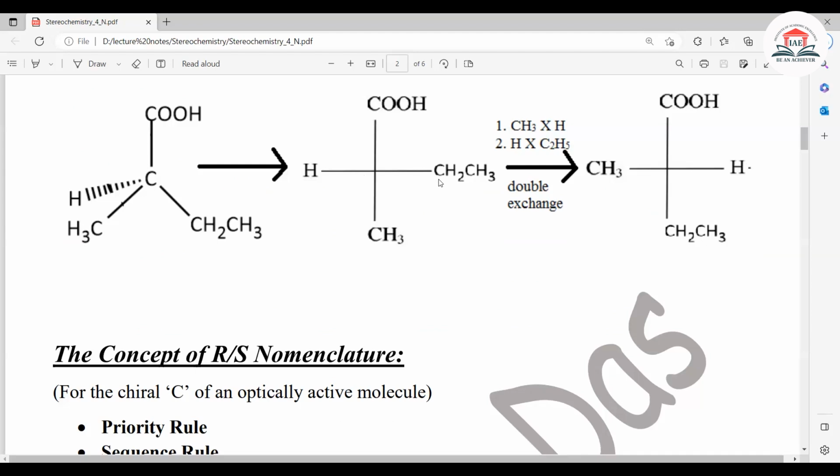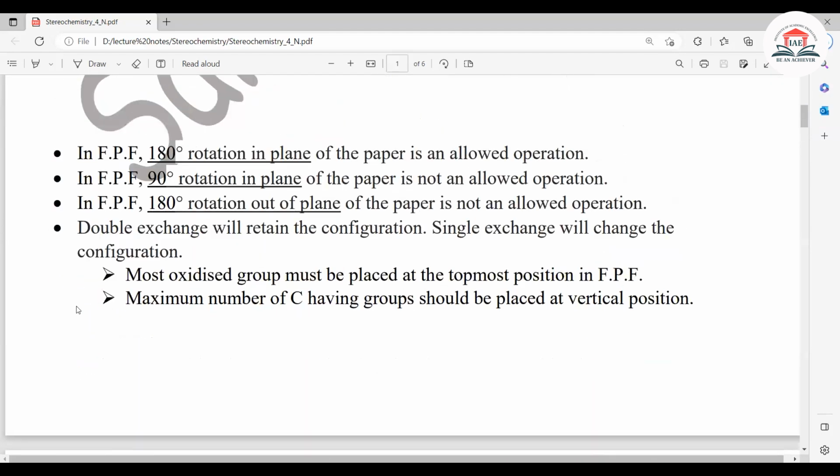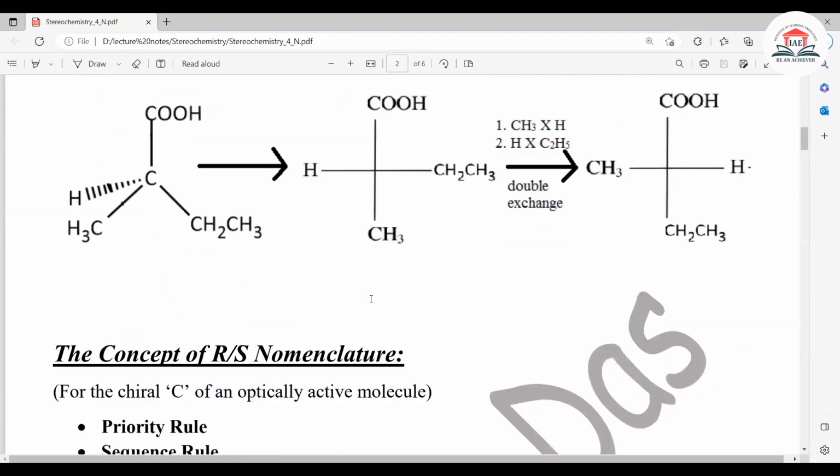Now we have to make some changes, because the rule is that the maximum number of carbon groups should be placed at the vertical position. Here CH2CH3 has 2 carbons, whereas CH3 only has 1 carbon. So we will have to bring the CH2CH3 group in here, and CH3 will go to this place.